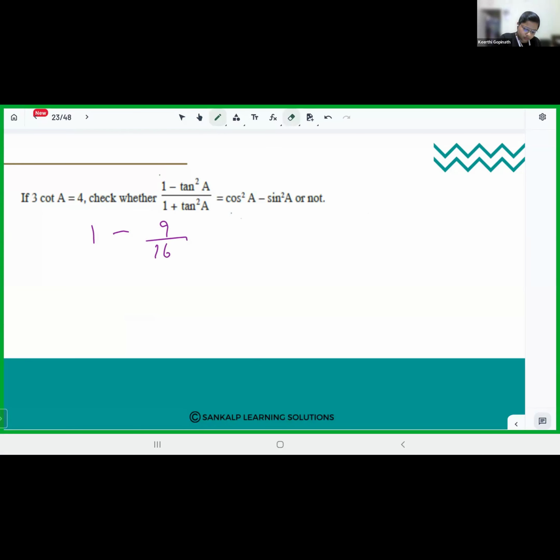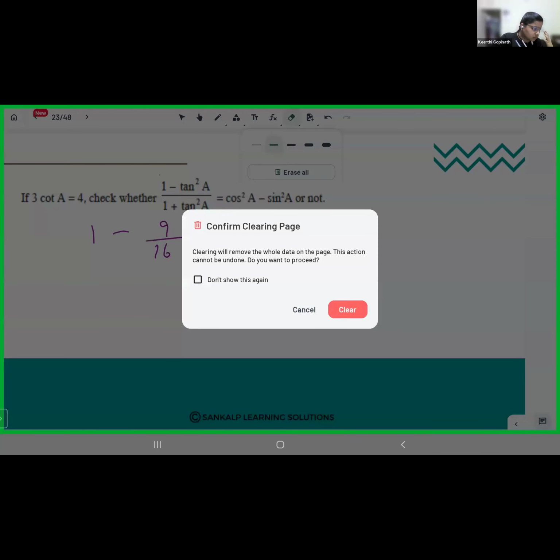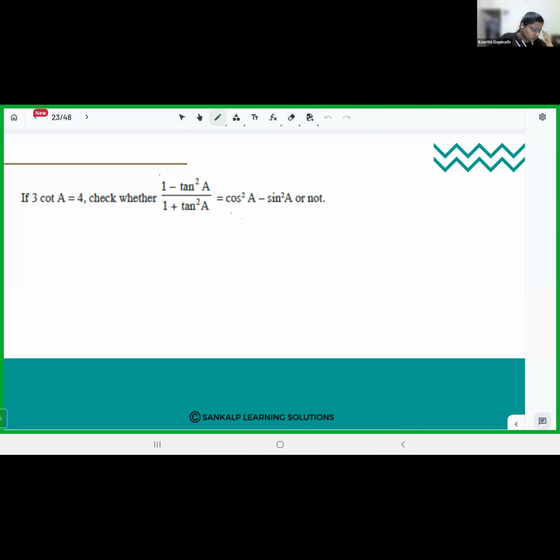Sorry. Cot A was 4 by 3, so tan A is equal to 3 by 4. I'm sorry, tan A is equal to 3 by 4 itself. So 1 minus 3 by 4 the whole square divided by 1 plus 3 by 4 the whole square.